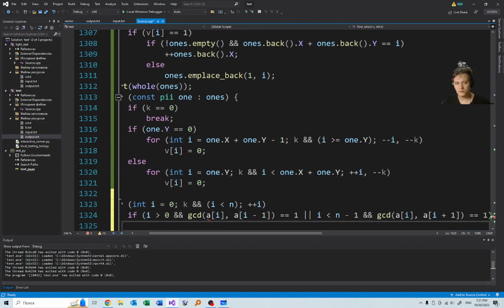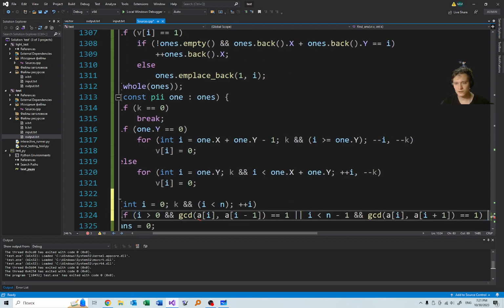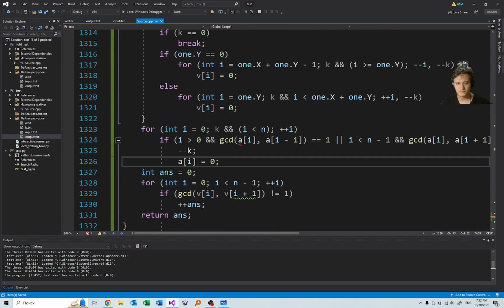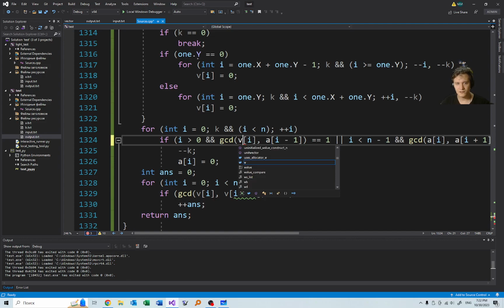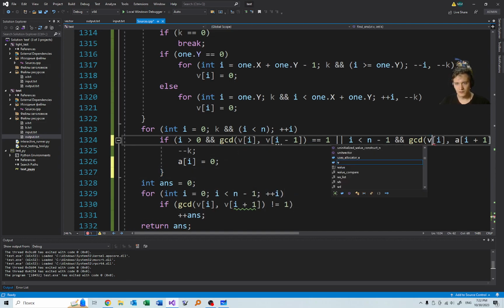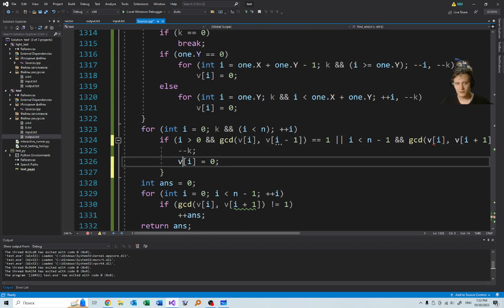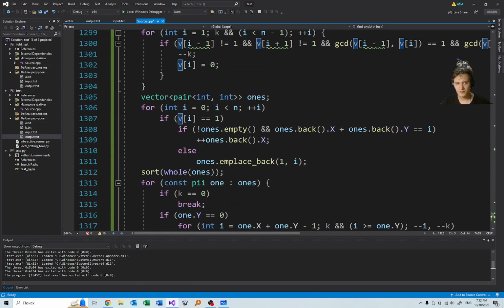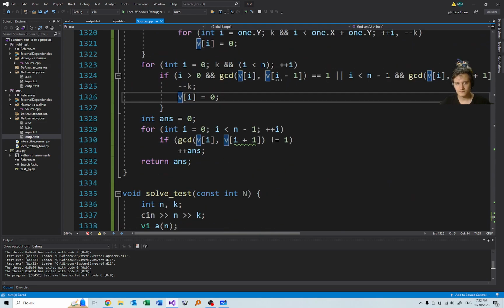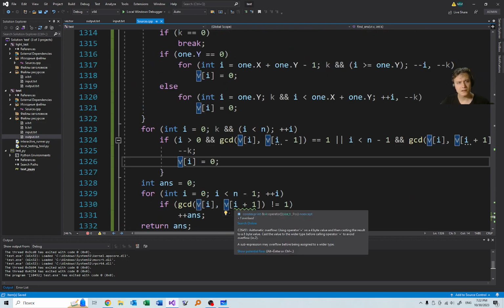If this is true, we also need to decrement k and say that a[i] is 0. Yes. Okay, I believe that's it.